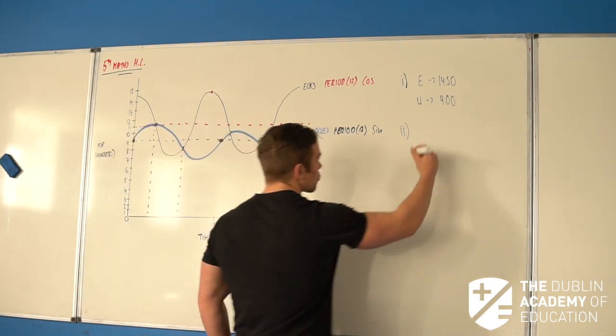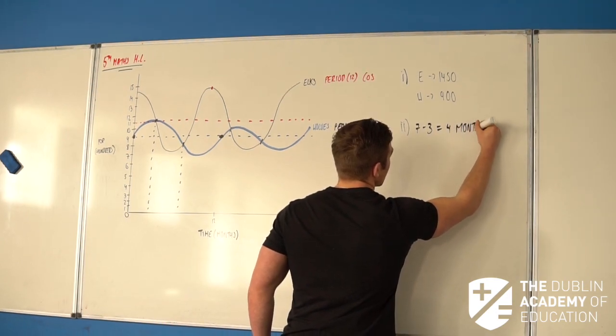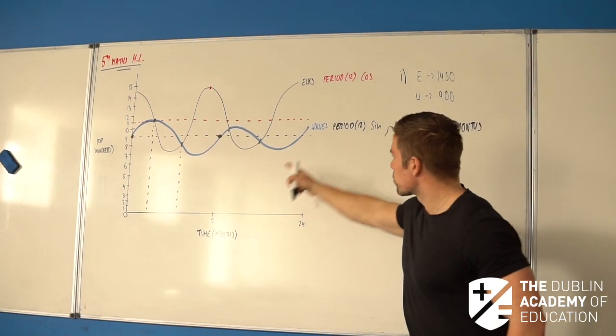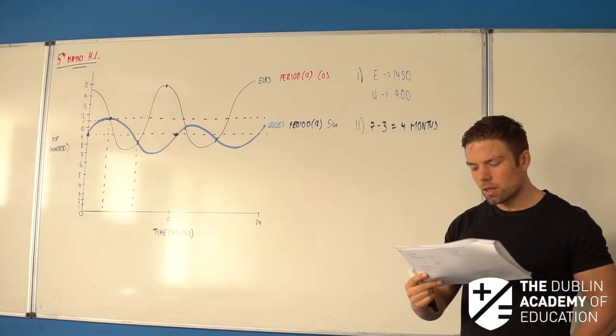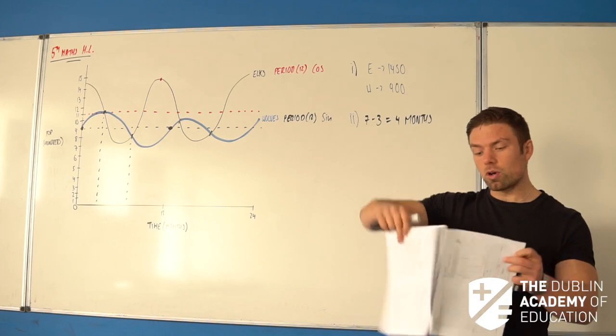So 7 minus 3 is equal to 4 months. And the mistake here is going, oh, I got 4, let's multiply it by 2 because it happens again. No, don't do that, I said each year, so just be very careful about that. Okay, so again, nothing here, not really even trigonometry, but still, all good.